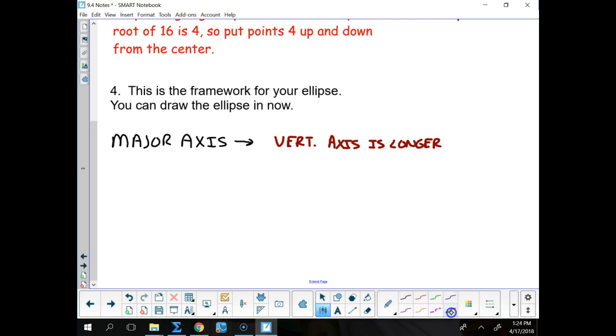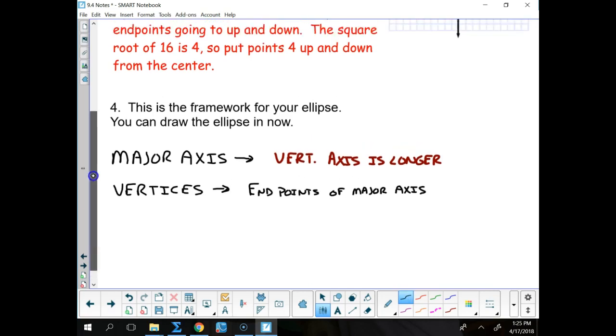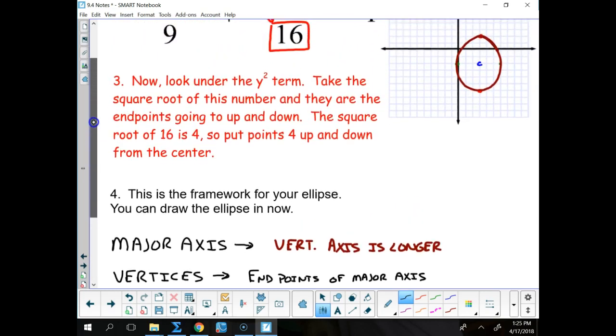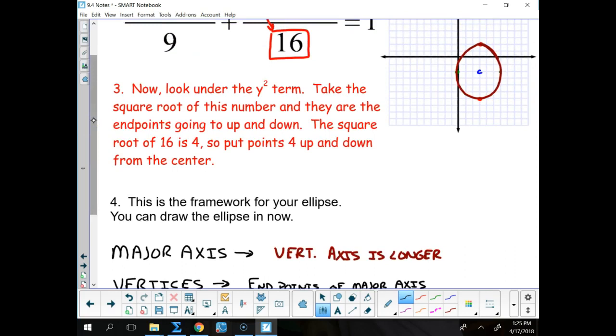Which then allows me to get what is called the vertices. The vertices are the endpoints of the major axes. So my center was at 3, -2.